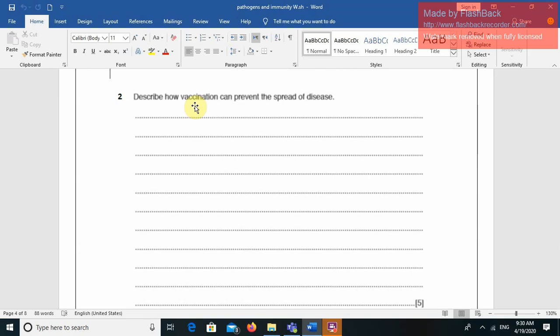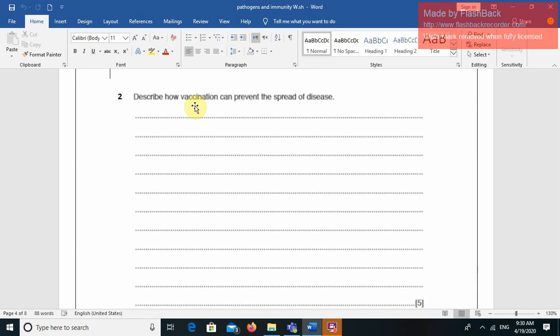Number three, lymphocytes now produce memory cells and they also alert the phagocytes to come. Number four, which is the most important one, because the question says how vaccine works after producing antibodies and memory cells. Now, once the pathogen comes and infects the body, there is no way for it to multiply, because this person is vaccinated.